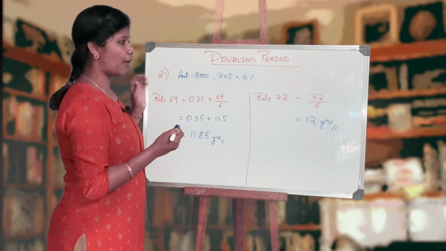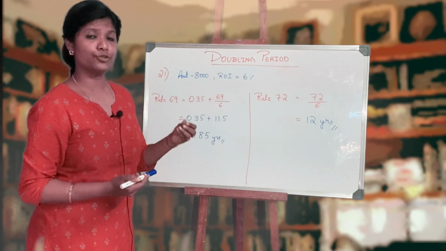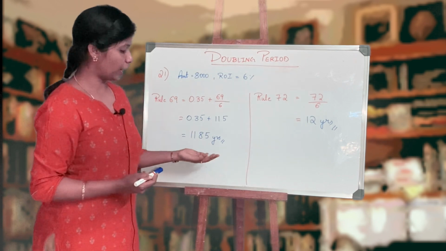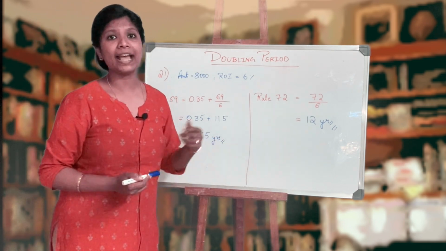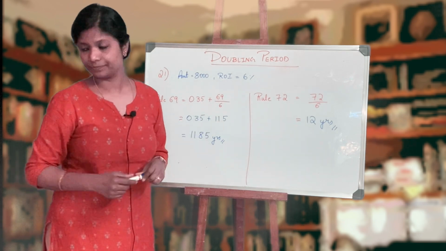So the answer that we have found is that 8,000 will double itself, that is rupees 16,000, in a 12 years time period. Here also it rounds up to 12. So both the rules, Rule 69 as well as Rule 72, must give you the same answer.